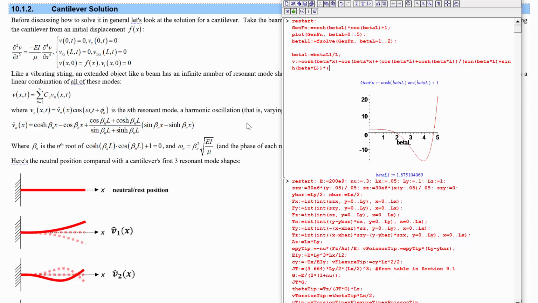And then we're going to multiply that by sine of beta times x minus sinh of beta times x.